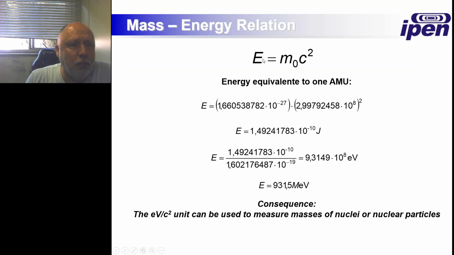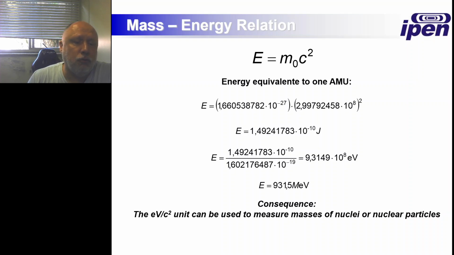So it means that energy can be turned into mass and vice versa, right? If we think about the energy equivalent to one atomic mass unit, we do the math here, so we have the speed of light squared and everything, and it doesn't really matter, as I told you before, and I hope you have it clear.